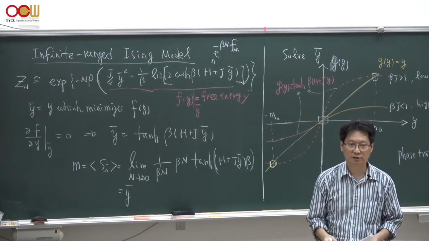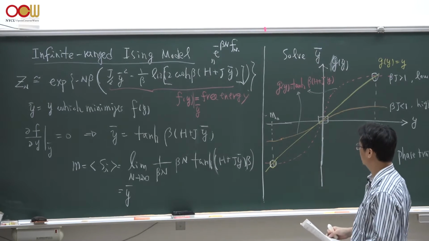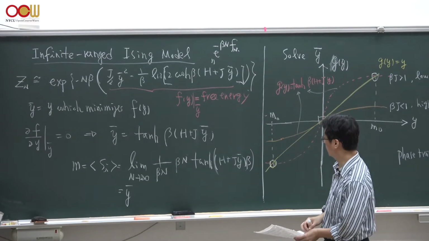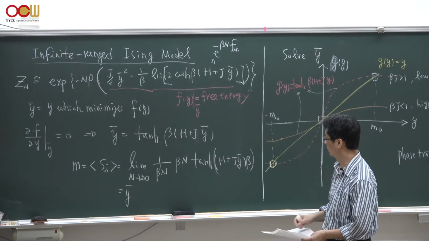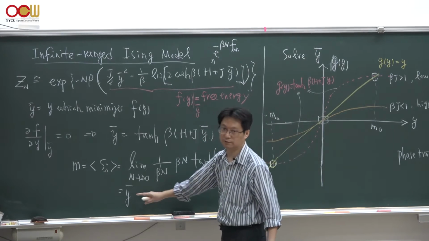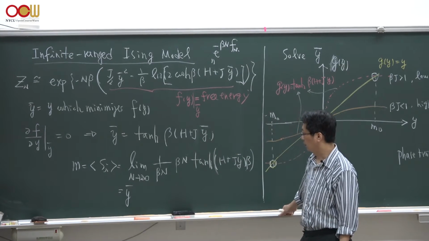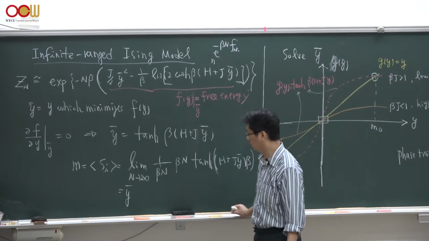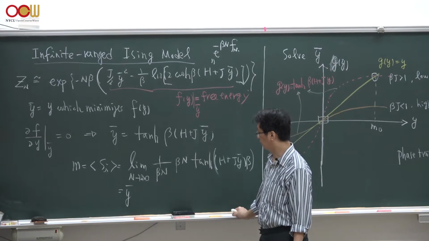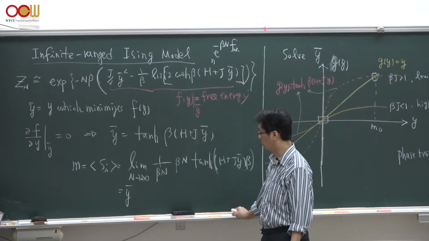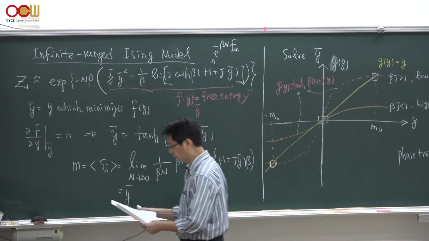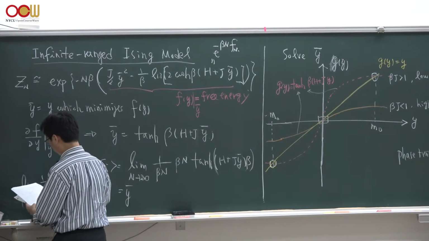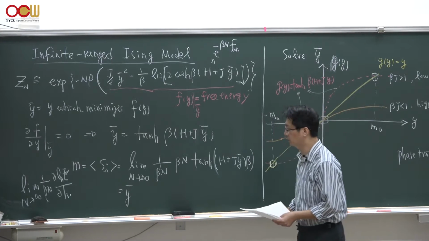Okay, by minimizing the free energy with respect to y, we can find the so-called self-consistent equation which determines the value of y bar at the minimum point of the free energy. We can also calculate the magnetization on any site of this model, and it turns out that this m is precisely the value of y bar, because m is given by the derivative of the log with respect to the dimensionless field.